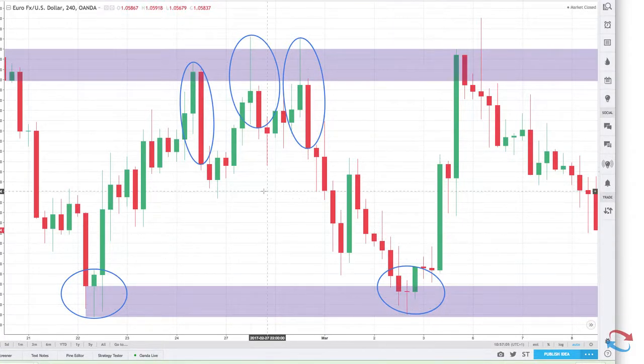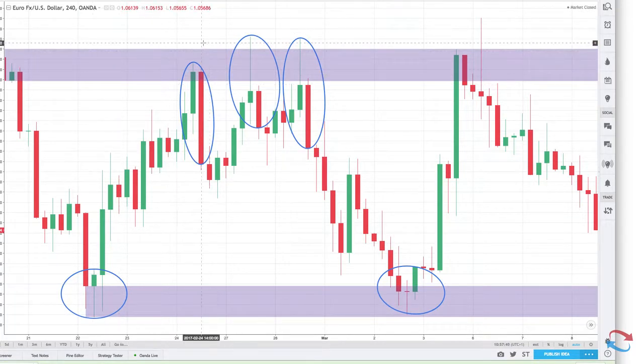So yes, candlestick patterns can be traded anywhere on a price chart, but what you want to do is look for strong areas of support and resistance. When I say strong areas, I mean obvious areas of support and resistance, and then look for these candlestick price actions as a way to get into the short or the long side.